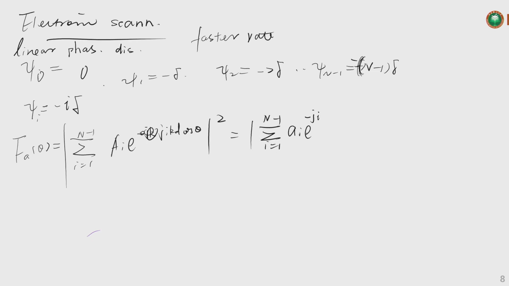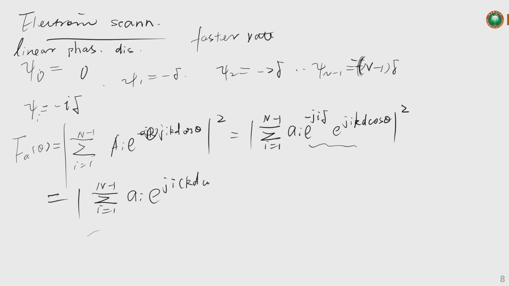Psi I equals minus I theta 0. So we can combine both exponential parts: the sum from I equals 0 to n minus 1 of A I times e to the j I times (k d cosine theta minus theta 0), all right?